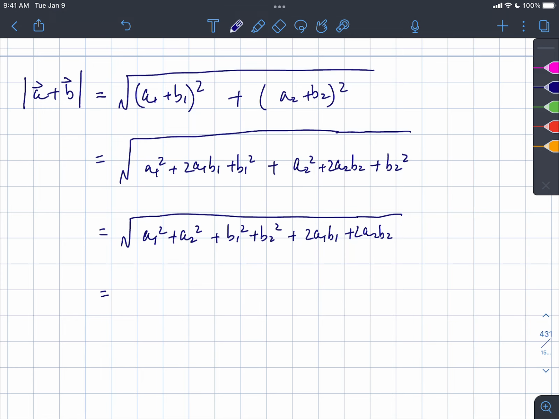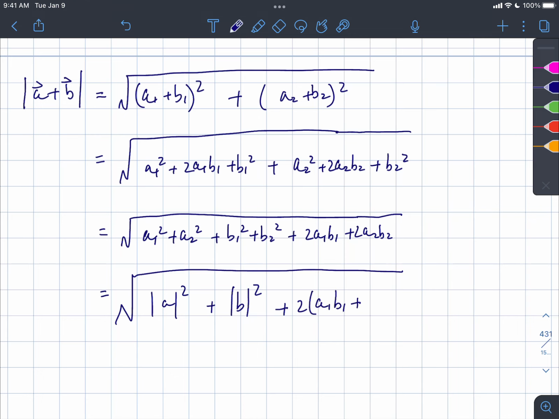Okay, and now this looks like, well, I know that a1 squared plus a2 squared is just the magnitude of a all squared. The second part is also the magnitude of b all squared. And then the last guy is, if you factor out the 2, just 2 times the dot product.